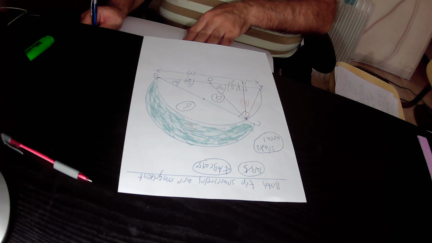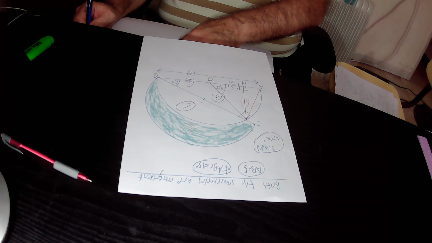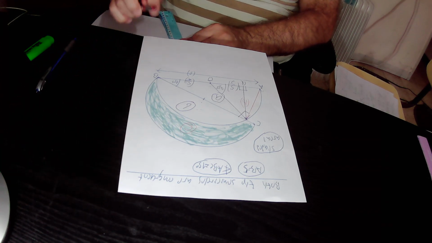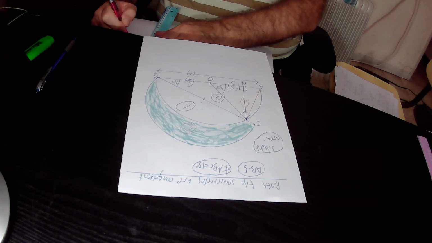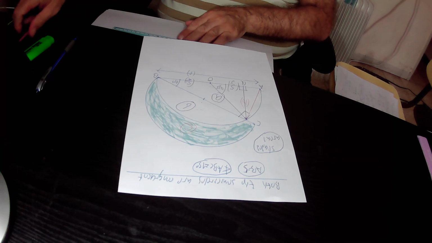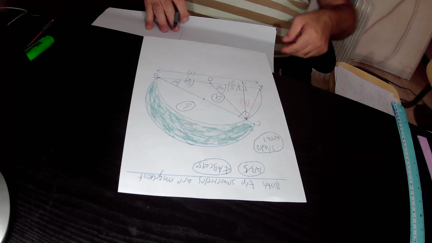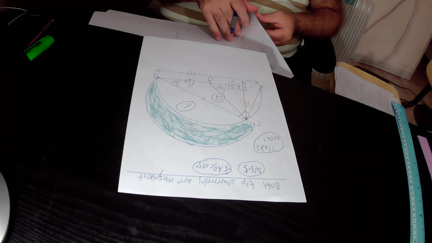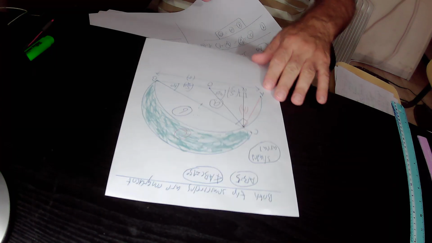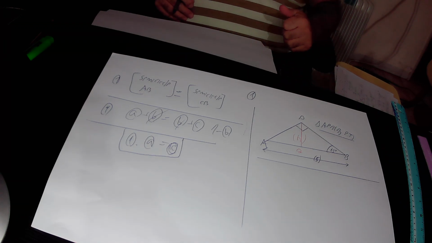Hereby PT is an application of the Pythagorean theorem. So actually this is the right triangle APB that I covered from the original drawing.